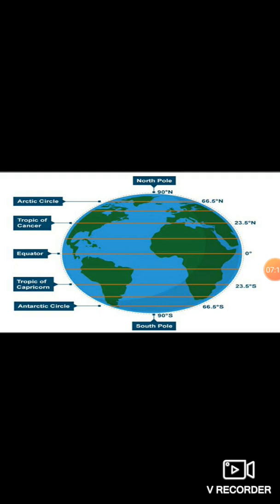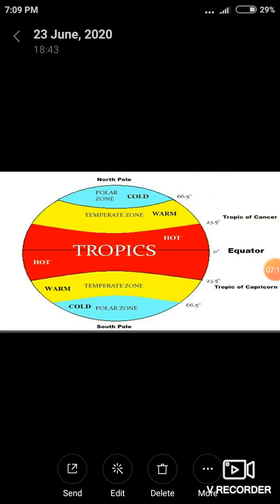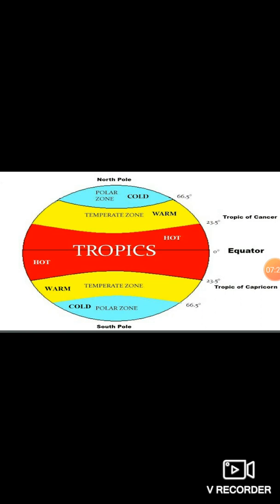Okay. So now we are going to study the heat zones of the earth. Heat zones are divided into 3. They are torrid zone, temperate zone and frigid zone. Which are they?